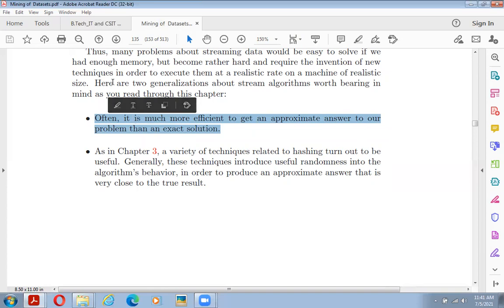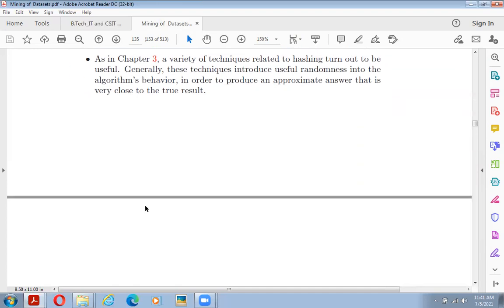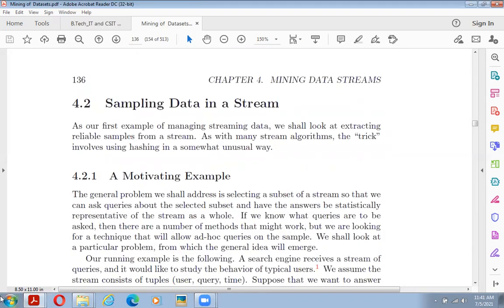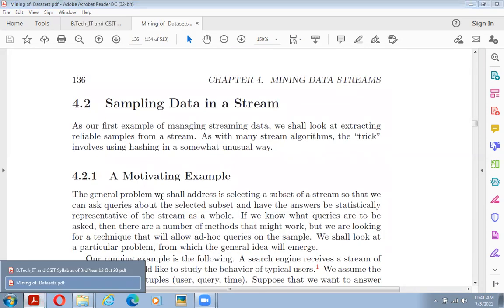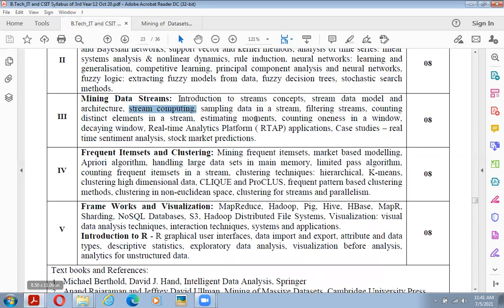In chapter 3, we learned about techniques using randomness, so we can also use these techniques here in stream data. Now the thing is how the sampling is done in the data stream, which is the next part of our subject. How the sampling is done, we will learn in our next video.